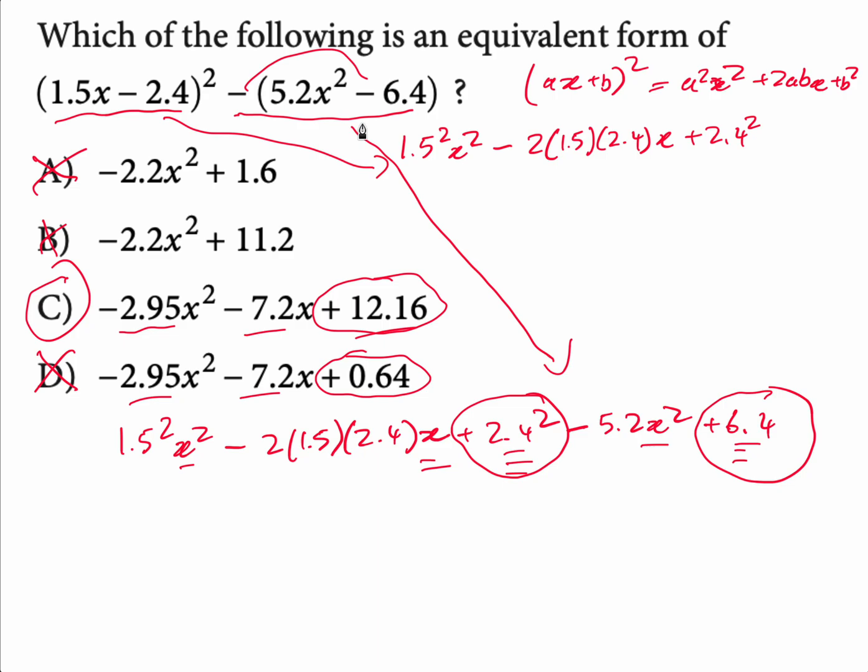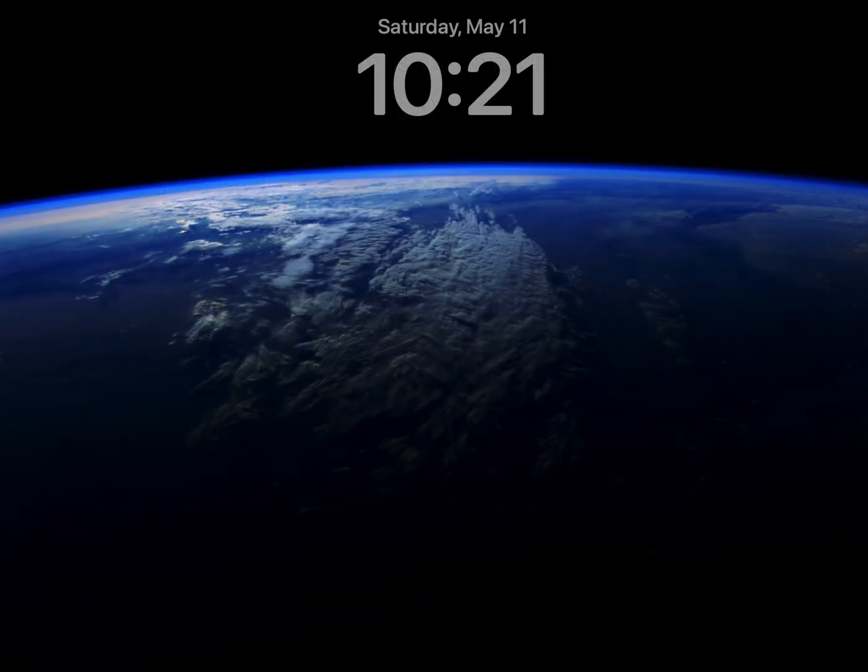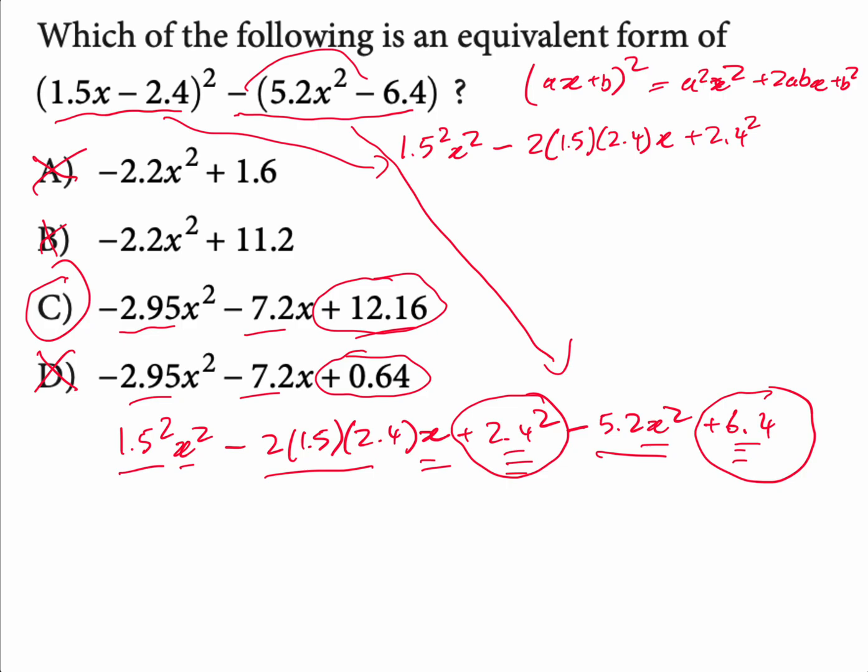As you can see, I don't have to do any of these calculations. I don't have to compute 1.5 squared. I'm sure you guys can do it too, but in the SAT, because this is a timed exam, every minute is crucial. So you don't have to multiply out the 1.5, or multiply 2 times 1.5 is 3 times 2.4.